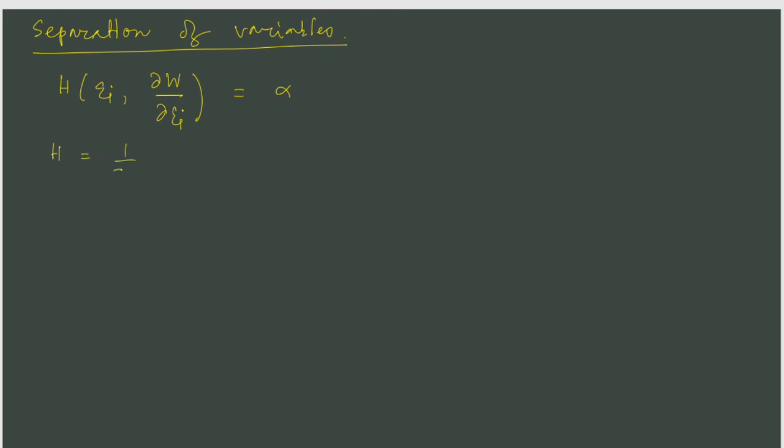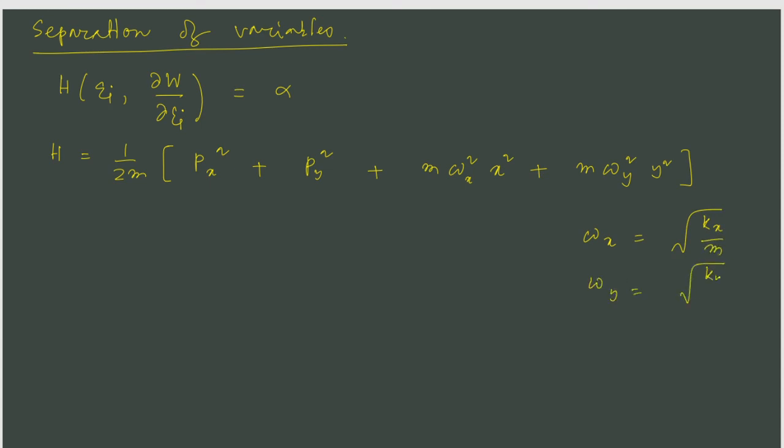For a two-dimensional oscillator, we would be able to write the Hamiltonian, where kx and ky are spring constants along directions x and y.